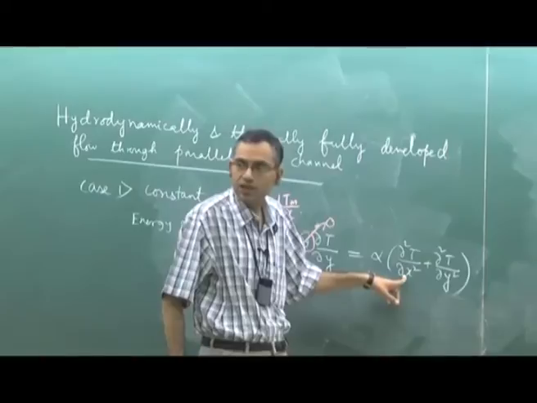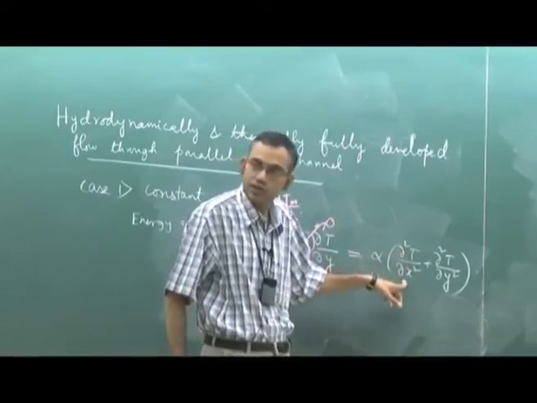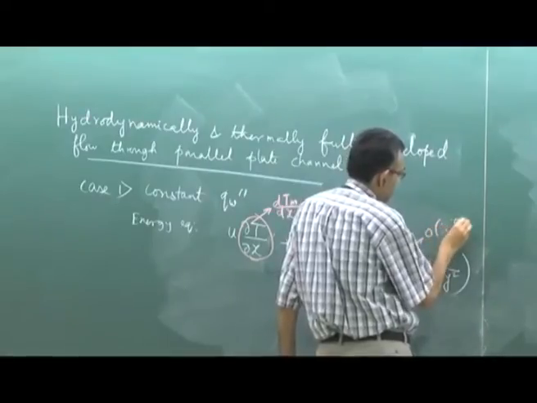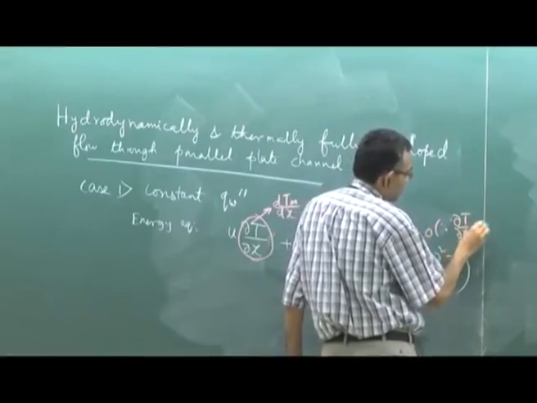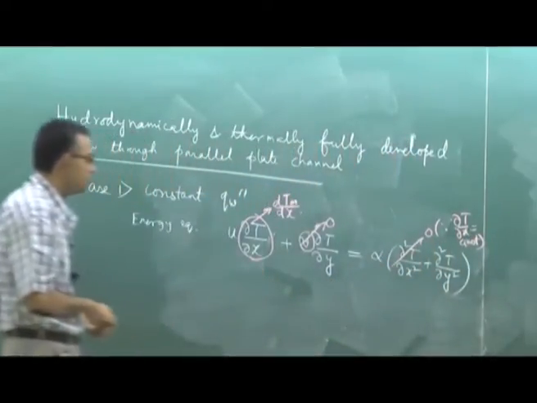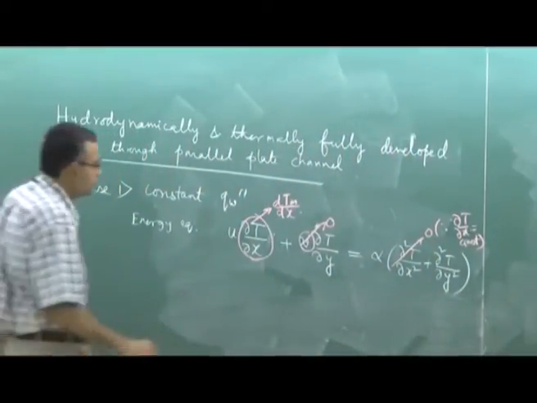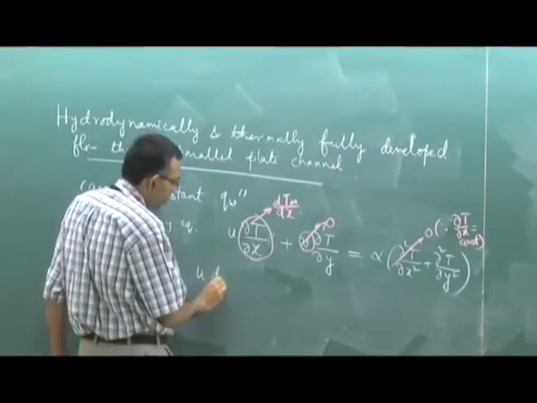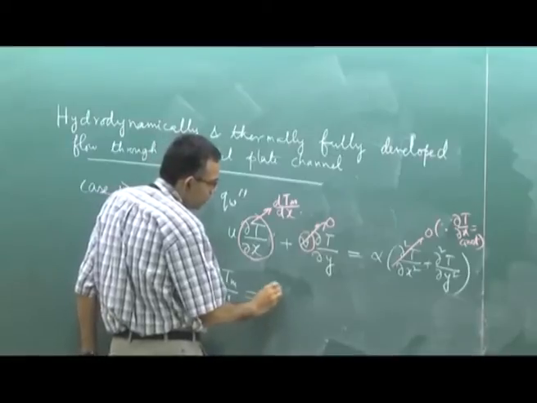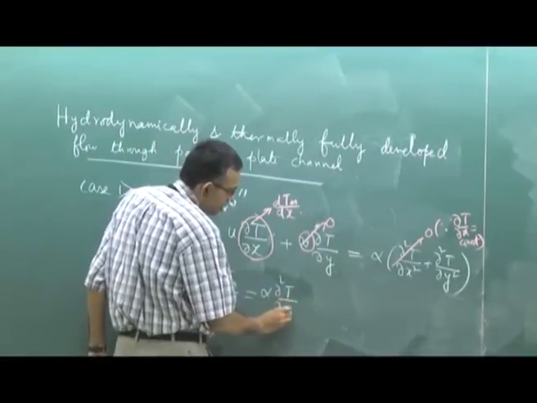Because del T del x is constant, del 2T del x2 is 0. So you can write u dTm dx is equal to alpha del 2T del y2.